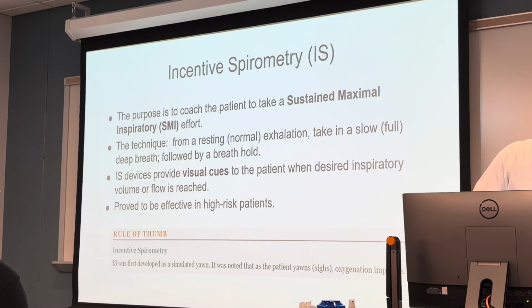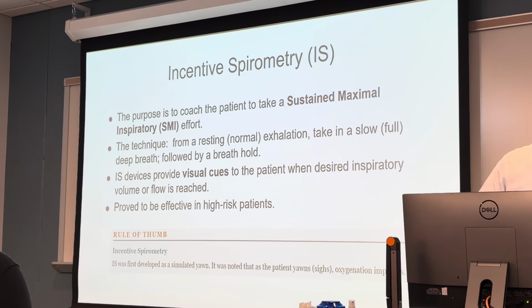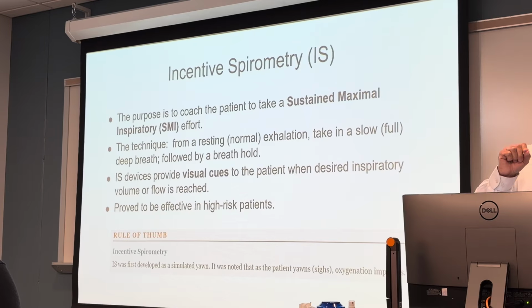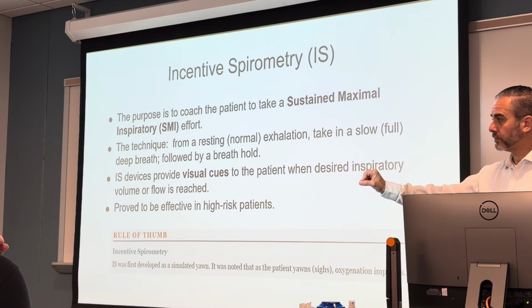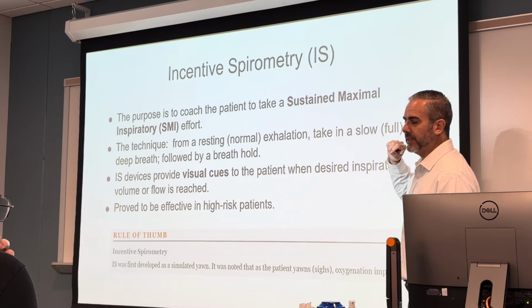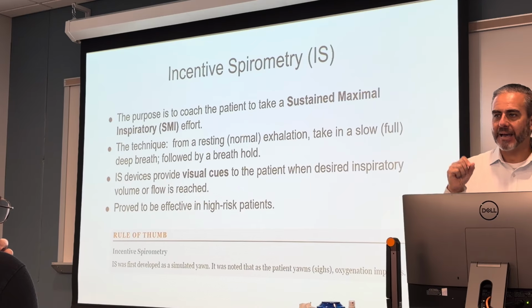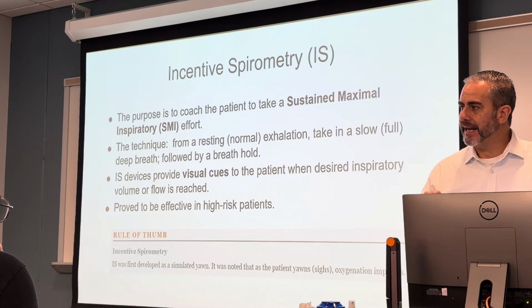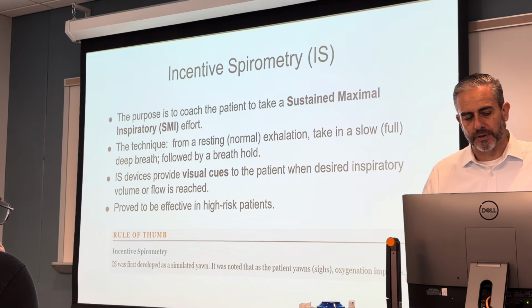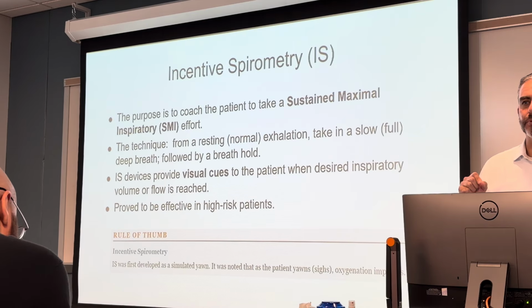You don't hear this term used a lot clinically, but you hear it used more in the NBRC world. To coach the patient to take a sustained maximal inspiration, SMI, that's what we have them perform.